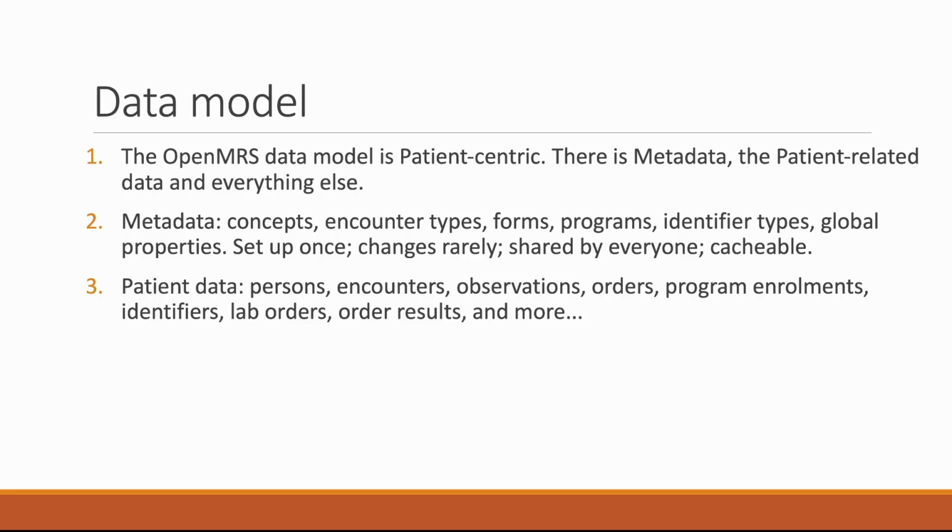So we have persons and their encounters, patients' observations, patient orders, drug orders or lab orders, and patient program enrollments, patient identifiers, lab results, and everything that's related directly to the patients, right? That's your patient related data.